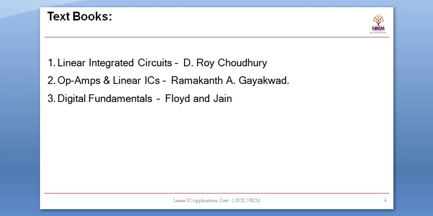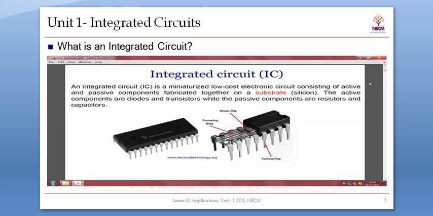Now we will go into the topic. That is, what is an integrated circuit and what are its types, what is the classification of integrated circuits, we will see. So an integrated circuit is a miniaturized low cost electronic circuit consisting of active and passive components fabricated together on a substrate.